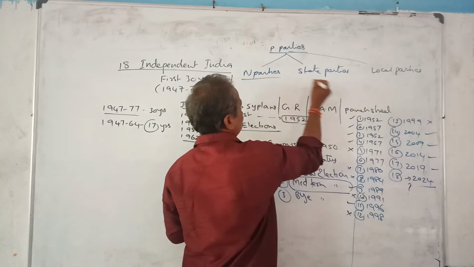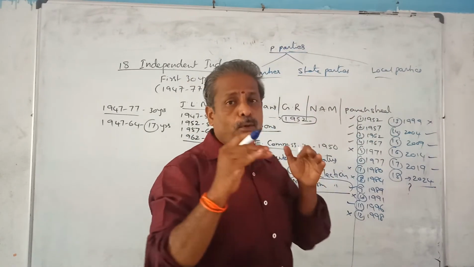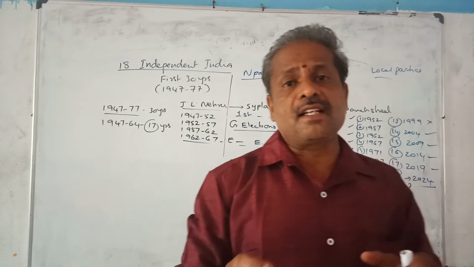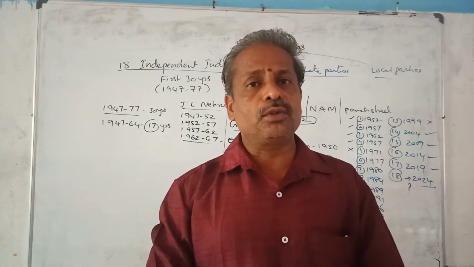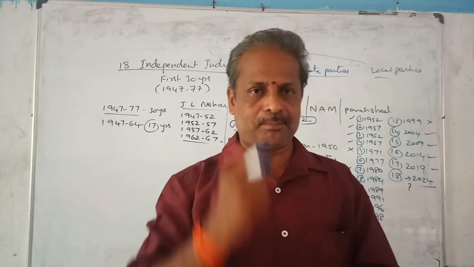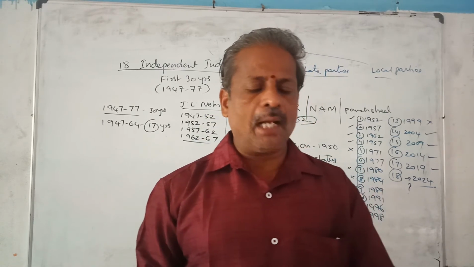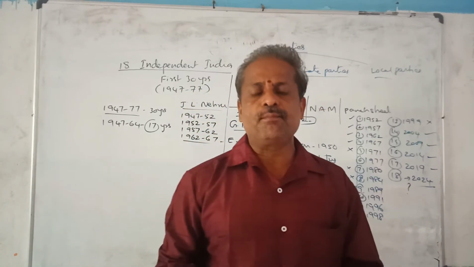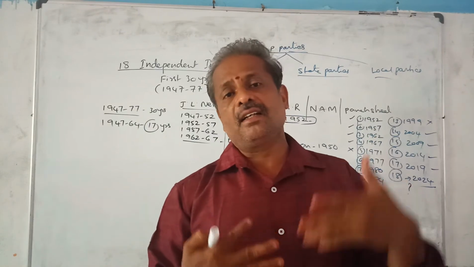Before knowing about the state party, national party and local party, first, what is meant by a political party? A political party is nothing but a group of people who want to achieve their collective aims through power. Though their aims are not equal or the same, there is a similarity in their aims.